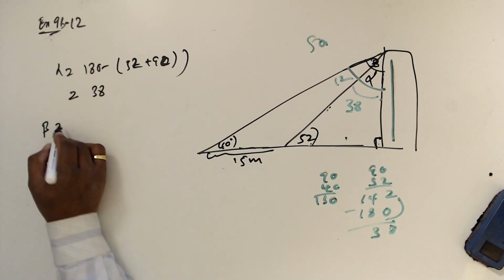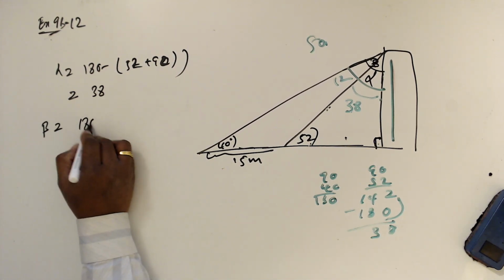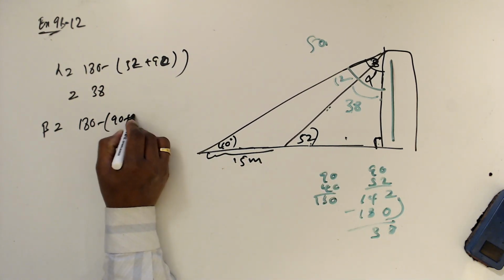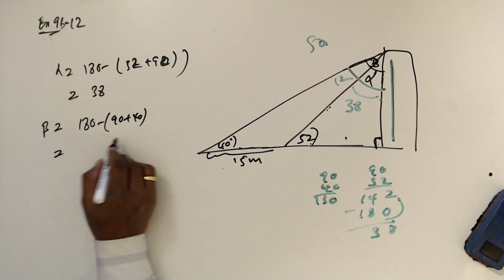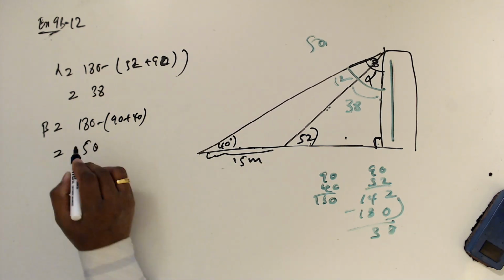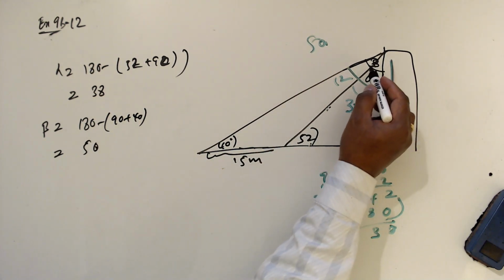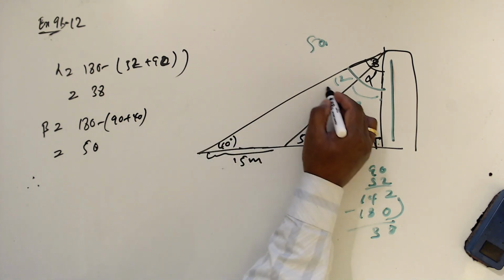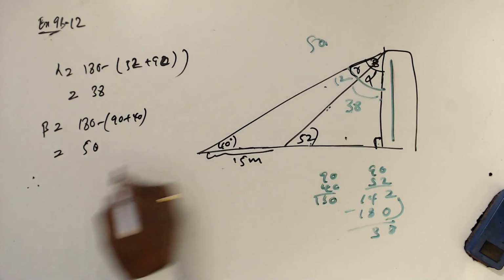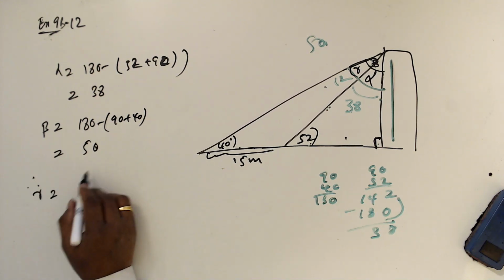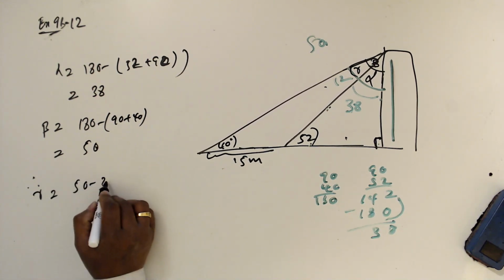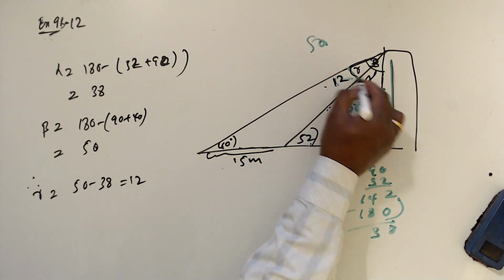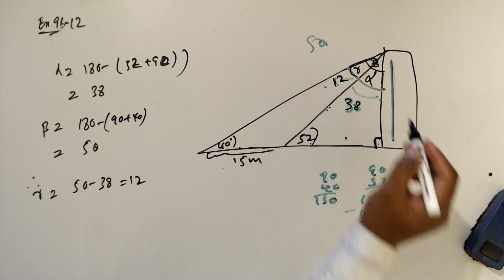So beta equal 180 minus 90 plus 40, which is 50. The whole angle is 50. Hence alpha, beta, gamma. Gamma equal 50 minus 38 equal 12. So now this is 12, 38.